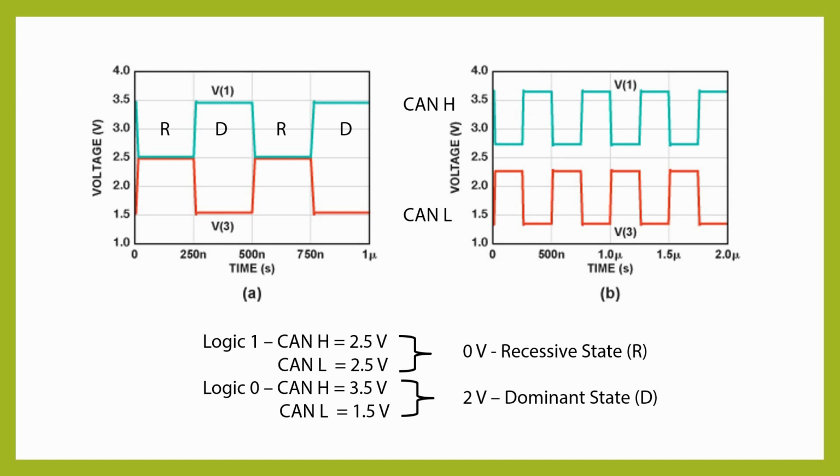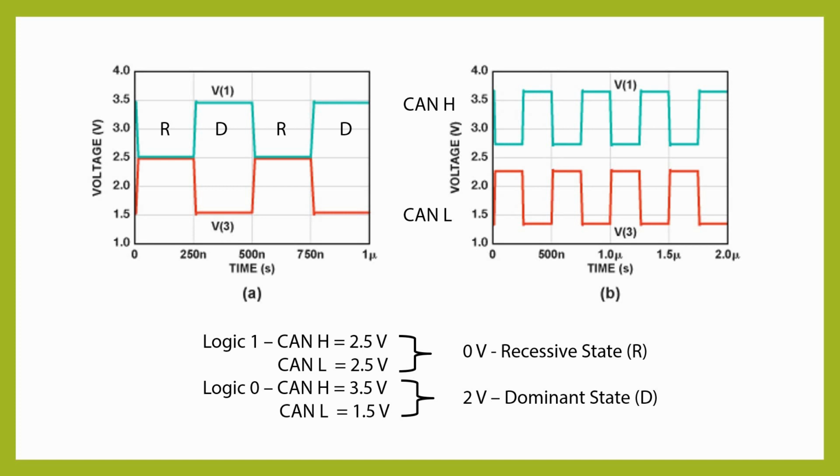Logic 0, on the other hand, has a CAN high value of 3.5 volt and CAN low value of 1.5 volt, whose difference will give a 2 volt value, which is a dominant state, which is a higher state. So we have achieved two levels, the 2 volt dominant state level and the 0 volt recessive state level. But remember that logic 1 is recessive and logic 0 is dominant. We need to remember that.